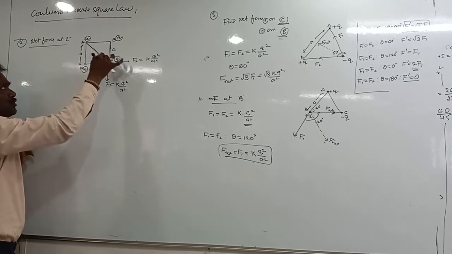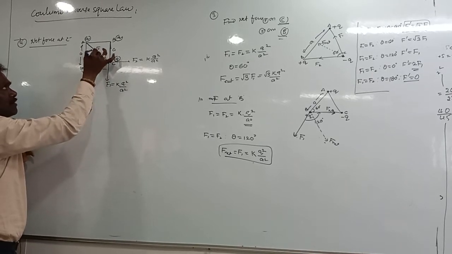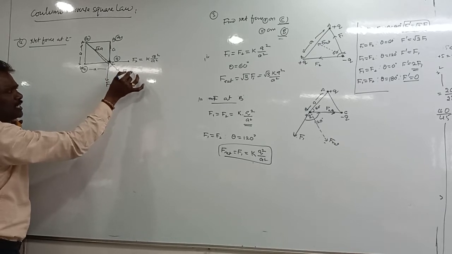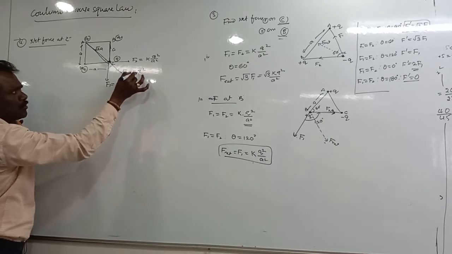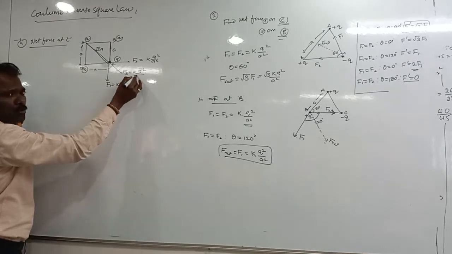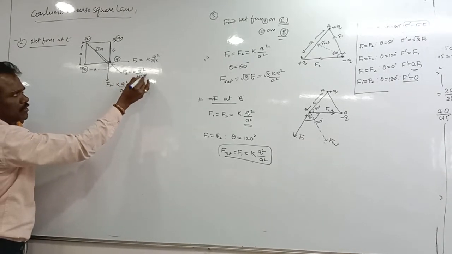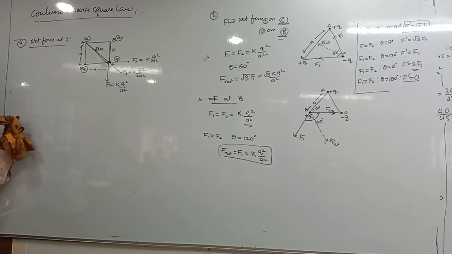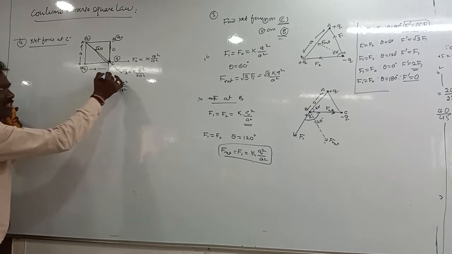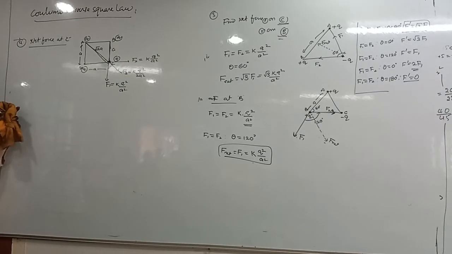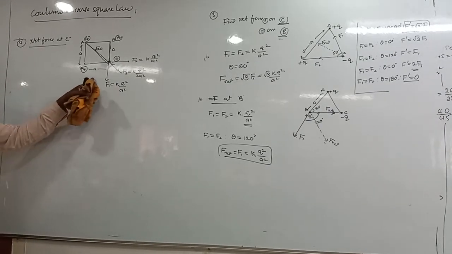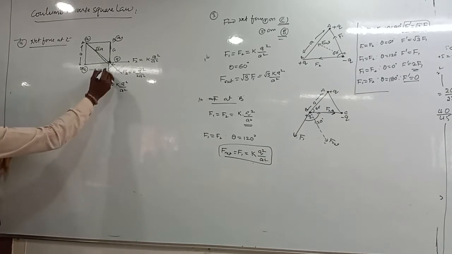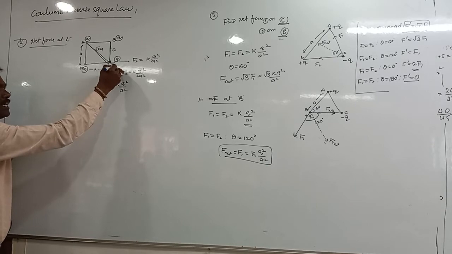What is the distance due to A? We can write it is root 2A. This force F3 is, how much is it? K into Q square by root 2A square, means 2A square. Right? See here. And what is the resultant net force between all these F1, F2 and F3? First, resultant of these two, again we write it is F dash.